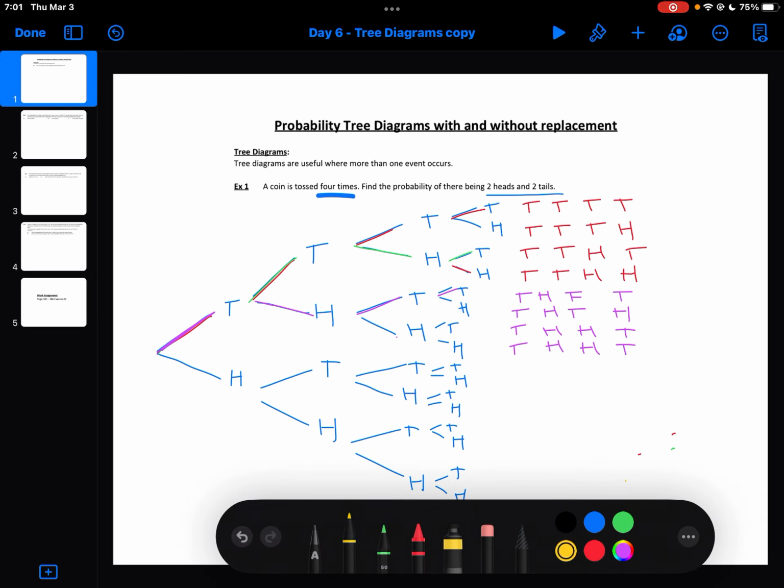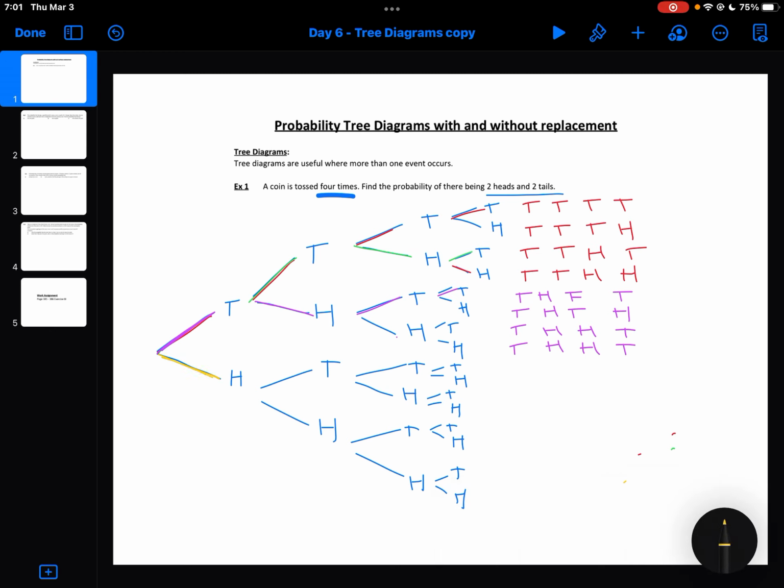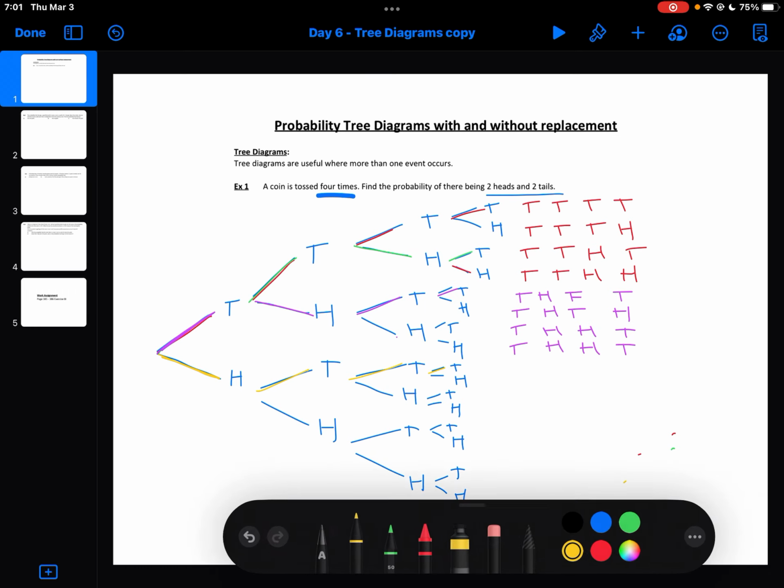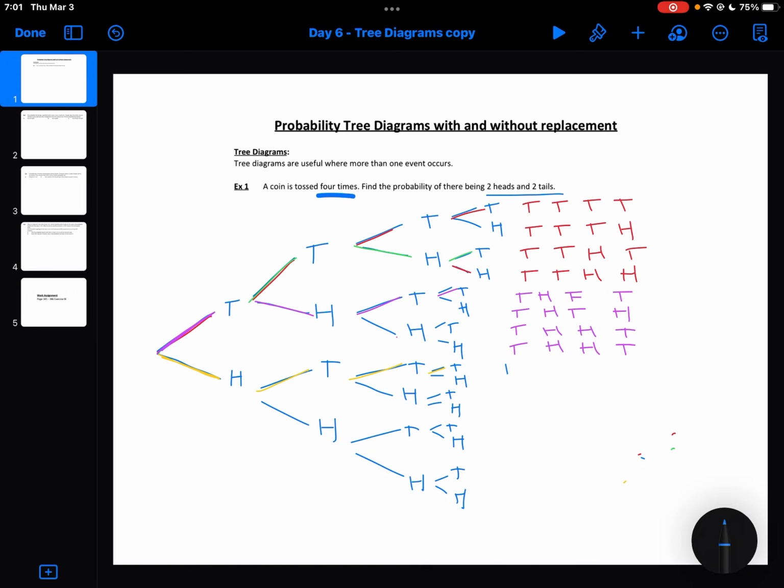Moving on to my lower branch now. So now I'm going to flip a head first, tails second, and I'm following this upper branch here. I'm not going to write in yellow because that's too hard to see. We've got heads, tails, tails, tails, heads, tails, tails, heads.